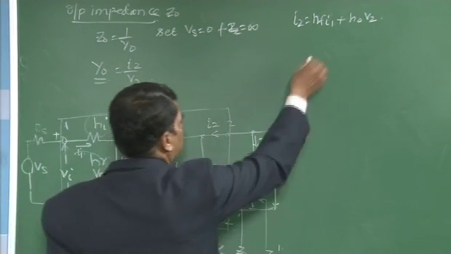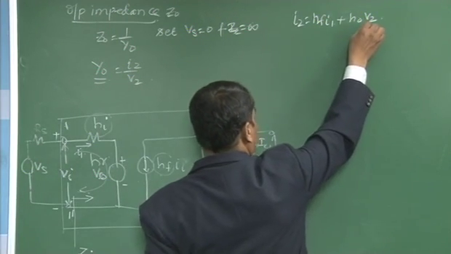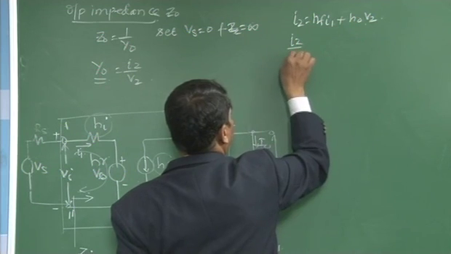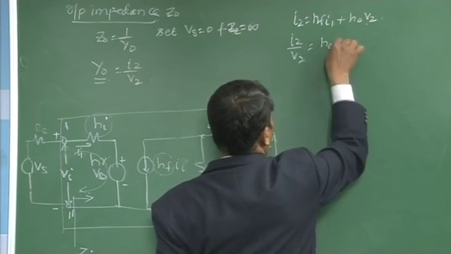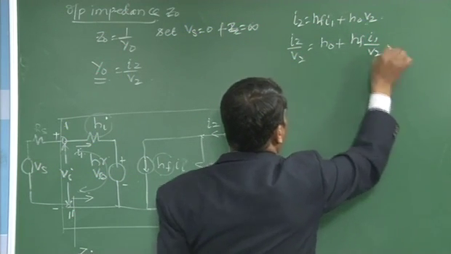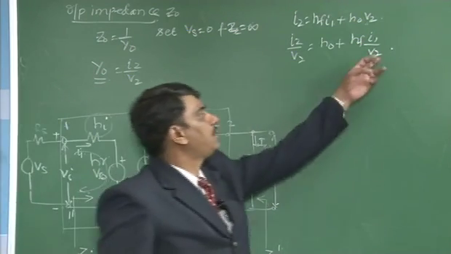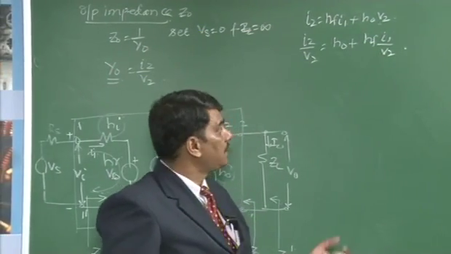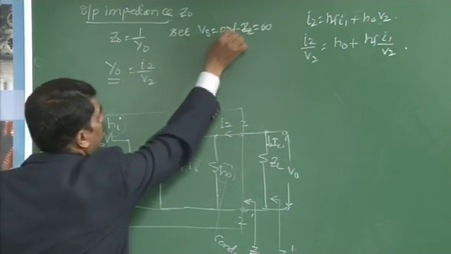Hence, divide both sides by V2, and you get I2 by V2 is equal to ho plus hf I1 by V2. Then what is the relationship between I1 and V2? For this we need to apply KVL, because we are setting Vs equal to 0.